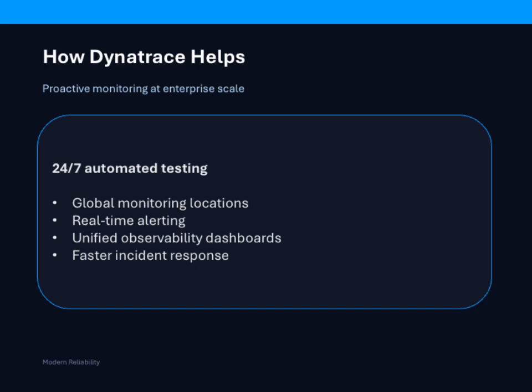If response times increase or failures occur, Dynatrace generates alerts immediately. Teams can then investigate issues before large numbers of customers are impacted. Combined with observability dashboards and AI-powered insights, Dynatrace helps improve incident detection and response times significantly.